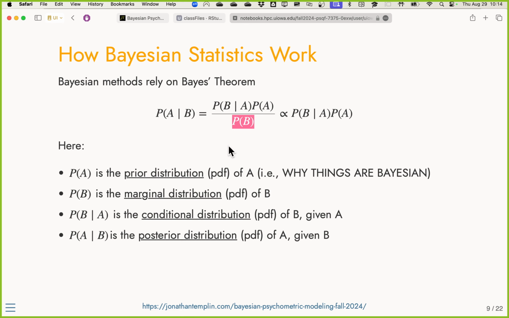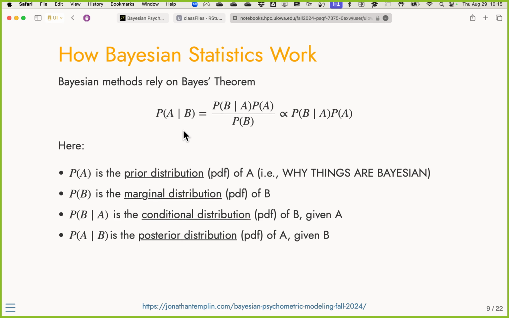Normalizing means it's just there so that the result is a proper density function or distribution. A proper continuous distribution is one that integrates to 1 across its space, and a discrete distribution is one where the mass of the discrete cells sums to 1. So this term often gets omitted. We call this proportional to. Now, any questions on what I just said so far?